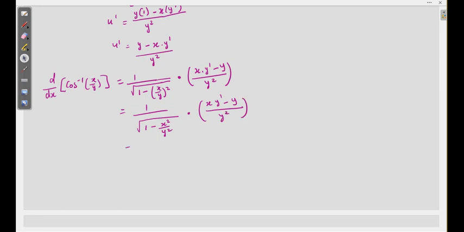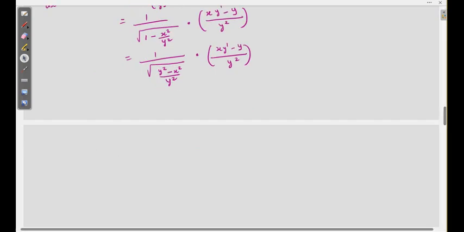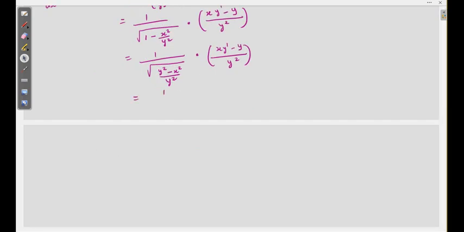Here, the root will be y squared minus x squared divided by y squared.